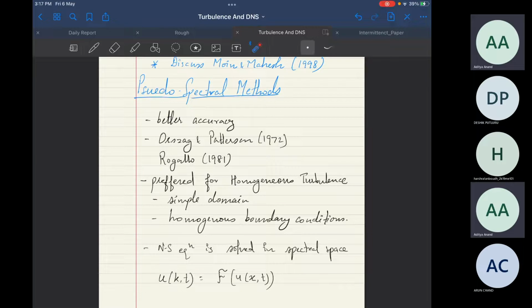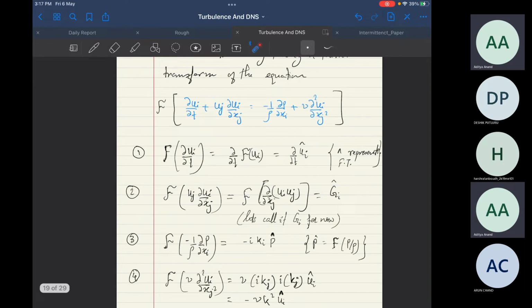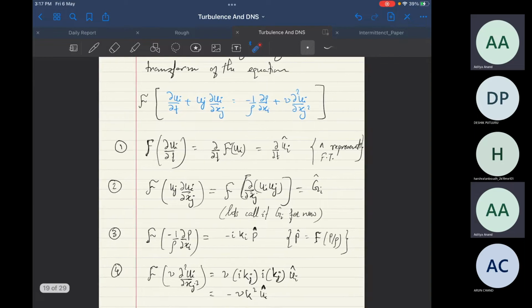We get the velocities in Fourier domain, from where you can take the inverse Fourier transform and get the velocities in spatial domain. For that we'll start by looking at what the Navier-Stokes equation is like in Fourier domain. We'll take the Fourier transform of the entire Navier-Stokes equation, and we'll look at all these four terms one by one. Your first term is the time derivative of velocity.